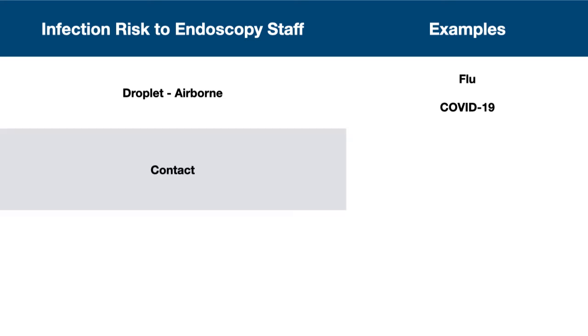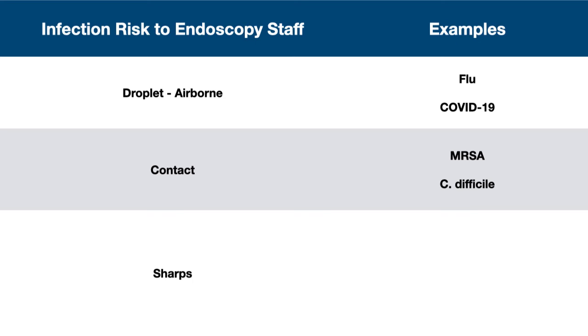The next is contact. Examples include MRSA, that is methicillin resistant Staph aureus, and C. difficile. And the best way to prevent this is proper hand hygiene and using contact precautions, wearing a gown and wearing gloves.